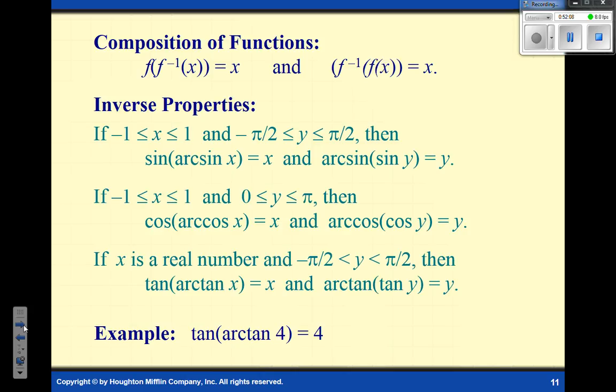First do inverse tangent 4, and you get an answer. Okay? Now, find the tangent of that. It's 4. So Kamal made a comment earlier. He said, so basically, the inverse and the function just cancel each other out, which is true to a point. I'm going to give you a counterexample to that in just a second.